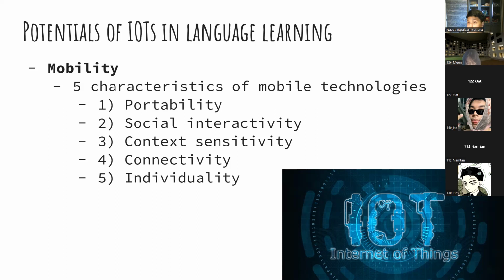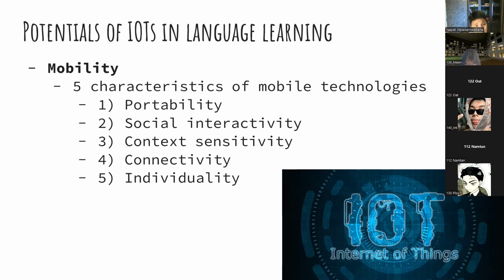So you can take it with you anywhere. That means you can learn language anywhere, not just sitting in the classroom or sitting in your house. You can pretty much learn language on the bus. I think they use the phrase language learning on the go, right? So you can always learn language everywhere you go.